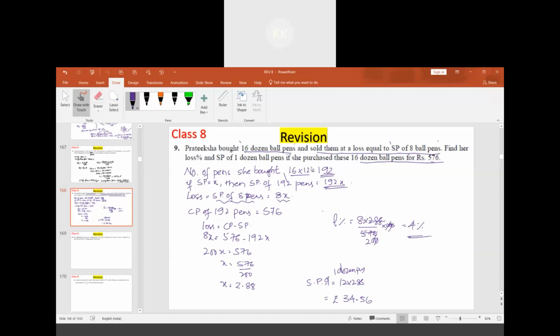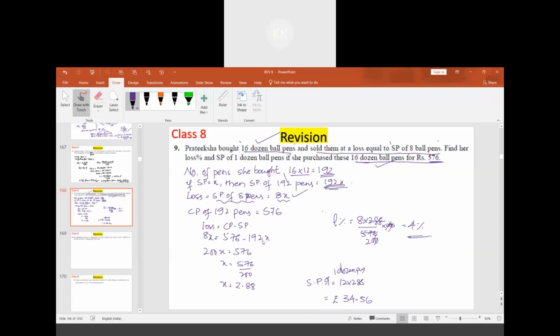And they have given she has purchased 16 dozen ball pens for rupees 576. Here 16 dozen ball pens, here also 16 dozen ball pens, so things won't change. CP and SP we can equate by taking loss equal to CP minus SP. Loss is 8x. CP is the cost price of 16 dozen ball pens, 576, and selling price is 192x as 192 pens are sold.